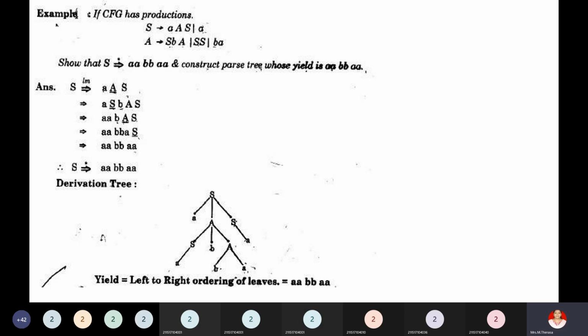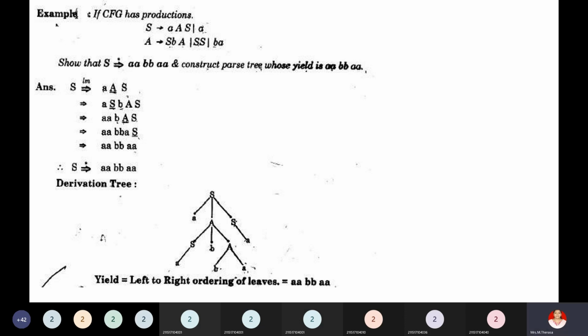So always you need to start with the start symbol. S derives AAS or A. If you replace this S by A, you cannot expand it further, so you can take the recursive production AAS.